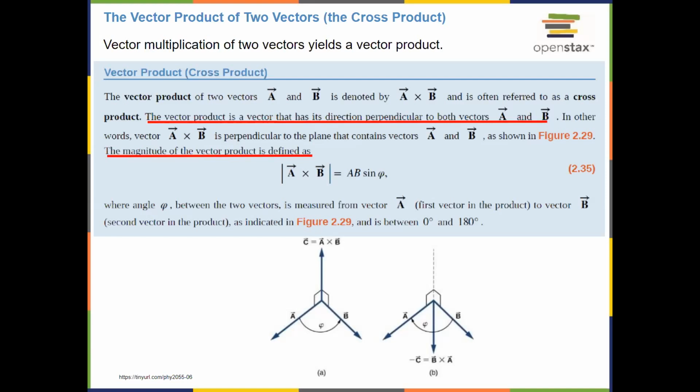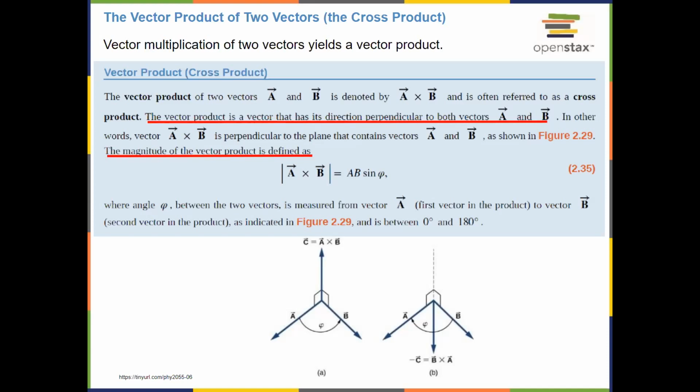Now the direction of this new vector C, we define in this way. It's the right-hand rule. Before that, as the figure shows, if you have A cross B and B cross A, the resultant vectors are opposite of each other, so you put a negative sign.